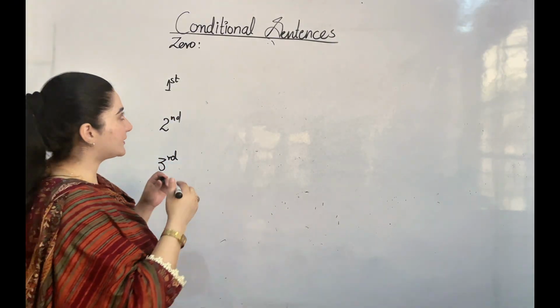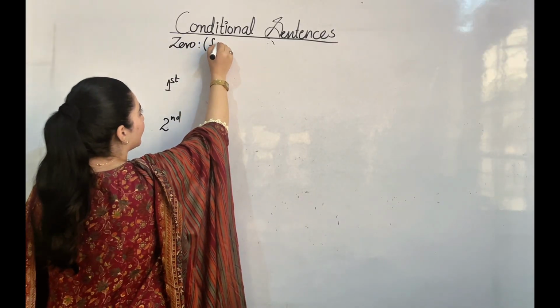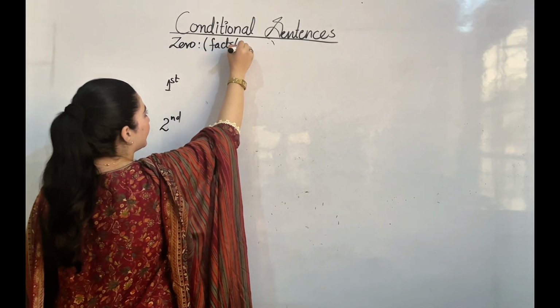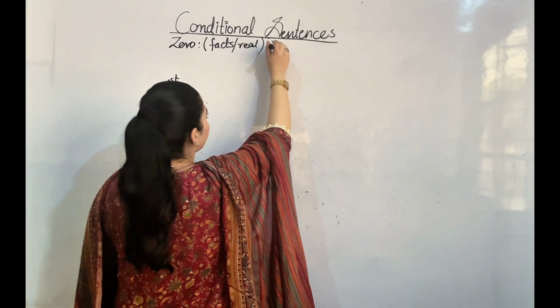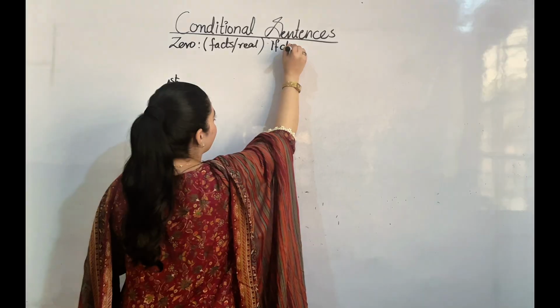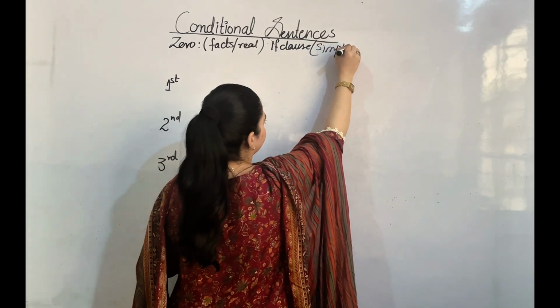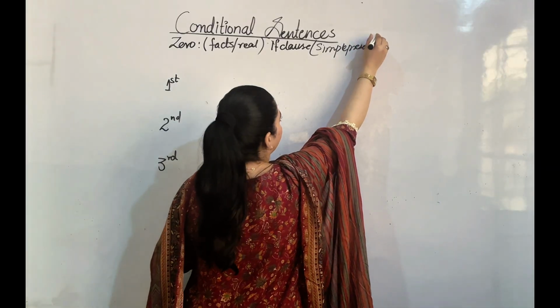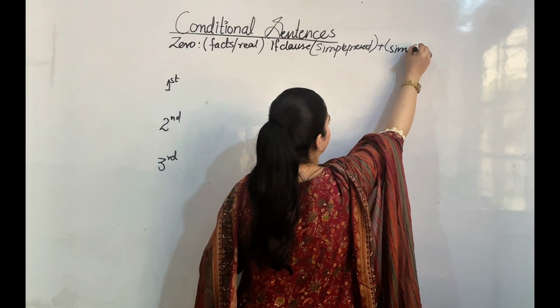The first conditional that I call zero conditional. Zero conditionals are used to talk about facts or real situations. The formula they follow: the if clause is written in simple present, and the main clause is also written in simple present.